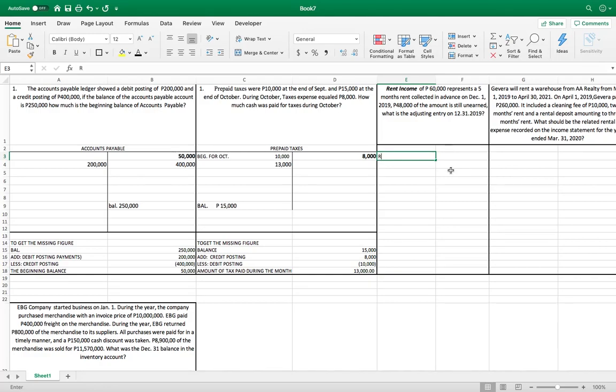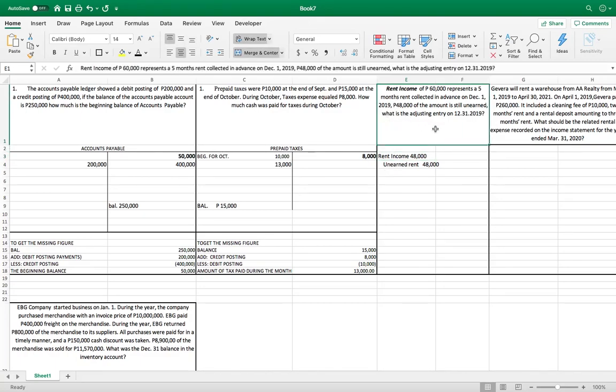So debit rent income of 48,000 and credit unearned rent of 48,000. What is being recognized here is the unearned rent, the liability. So the income of 60,000 is reduced by 48,000. The remaining amount in rent income is 12,000, which is the correct income as of December 31, 2019.